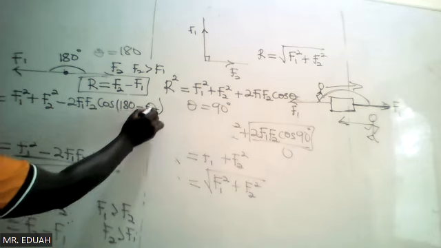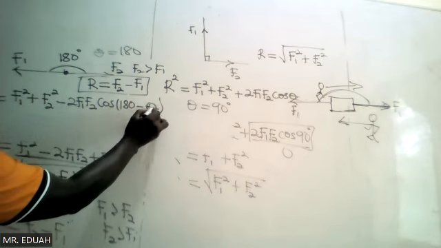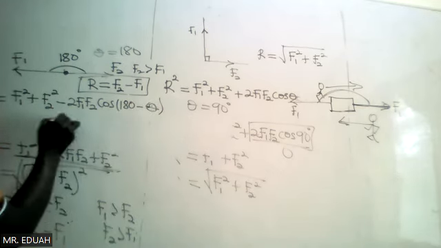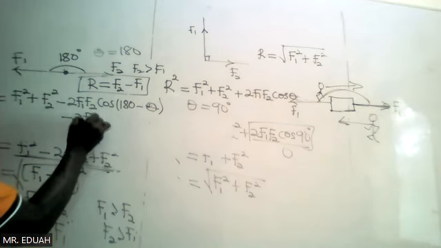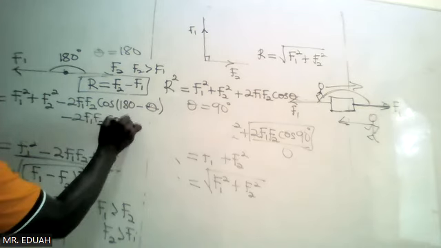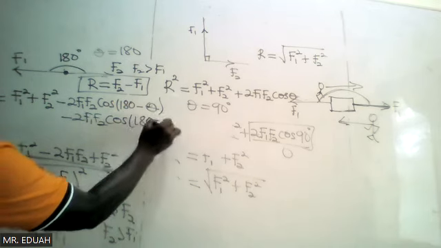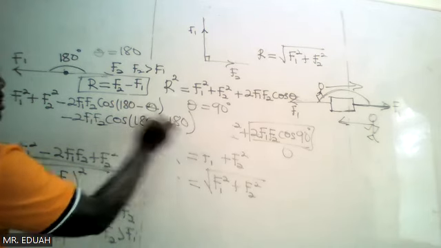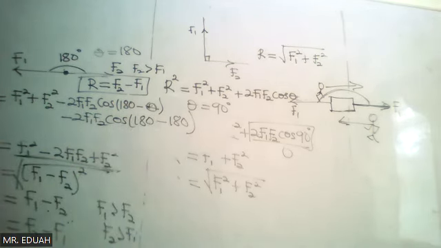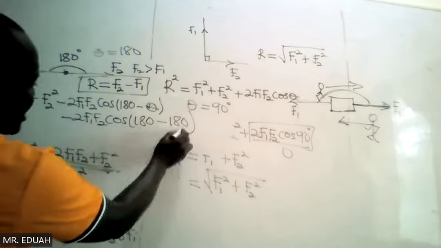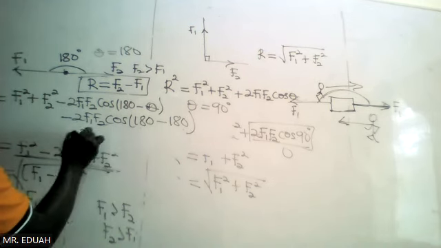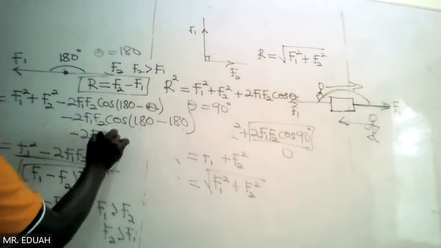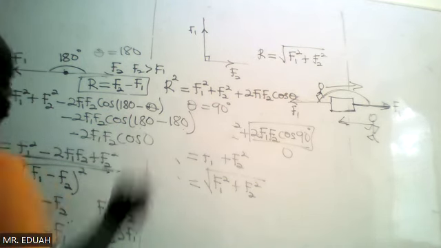So we are just substituting 180 for theta, giving us minus 2F1F2 cos of 180 minus 180, because theta is 180. And 180 minus 180 is 0. Hence minus 2F1F2 cos 0.